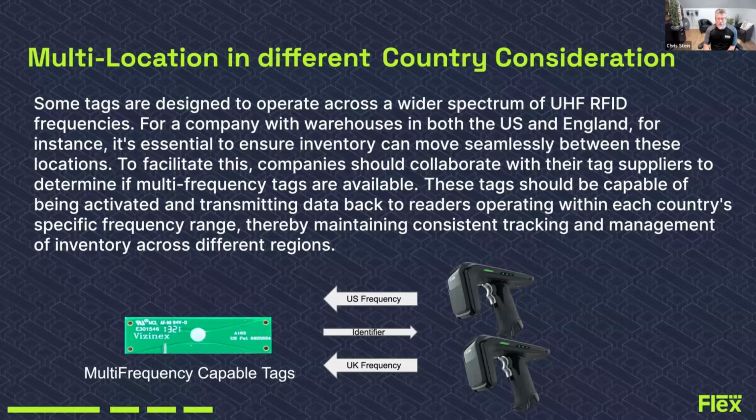Basically, the tags are inert until power is generated and received through the antenna. So if you're in the US and your scanner is on the US frequency, it would still receive the identifier back. Same thing with the UK. There are very specific tags that can be used in multiple country jurisdictions with different scanners in that country.